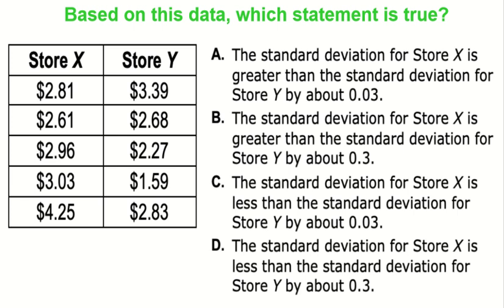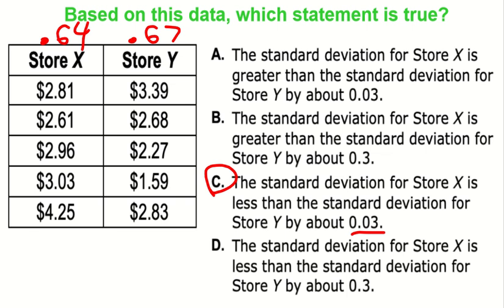So your standard deviation for store X was about 0.64, right? Store Y, about 0.67. Store X is less. When you subtract those, that's 0.03, not the 0.3. Any questions on that?